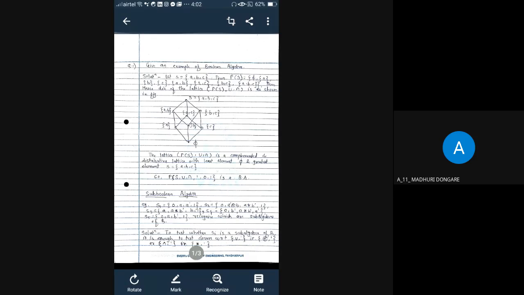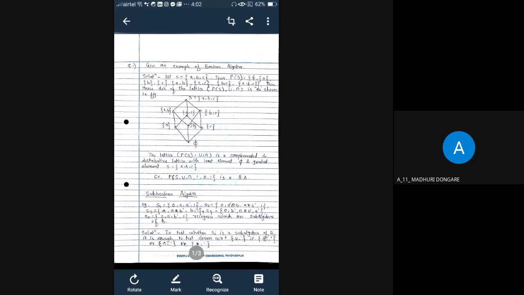These 3 sets, {A, B}, {B, C} and {A, C}, are connected into set S, which is equal to {A, B, C}. Now this set is closed under the operations union and intersection.